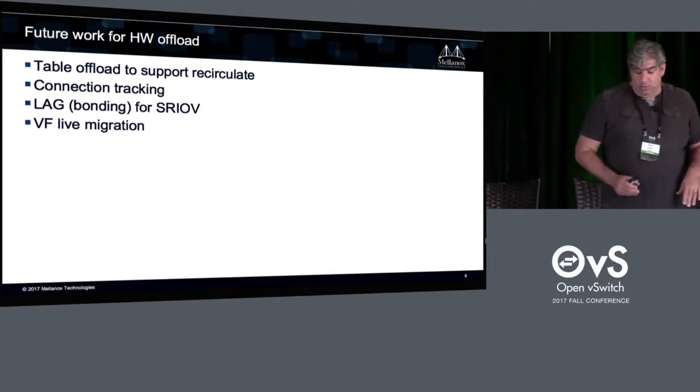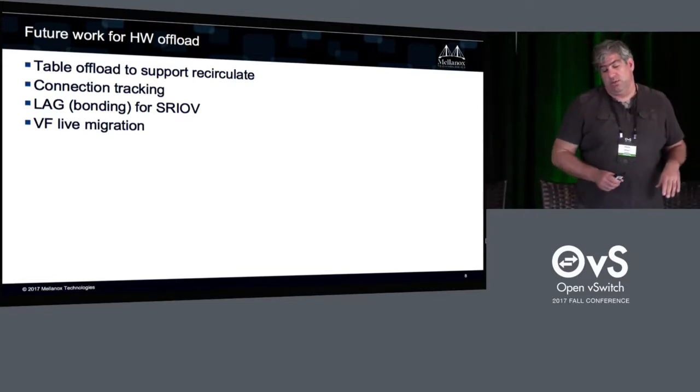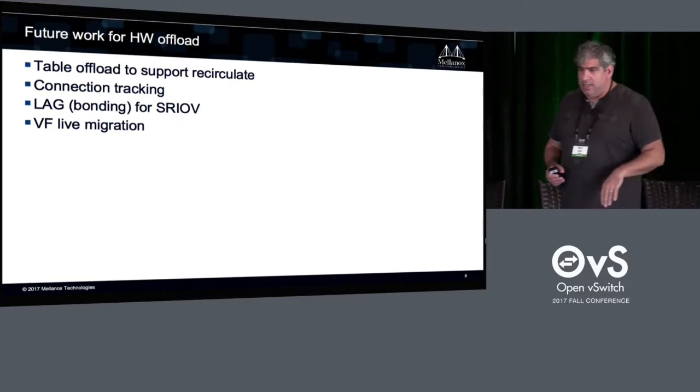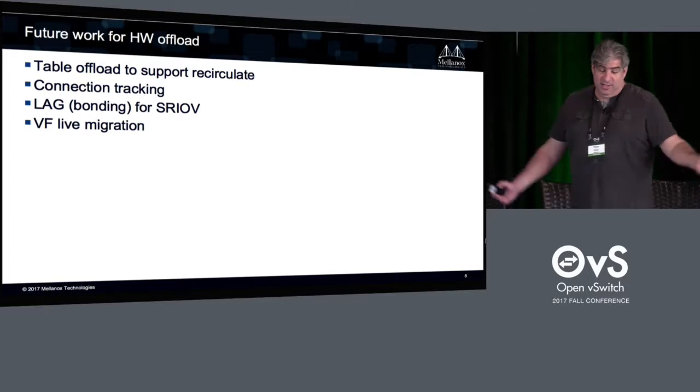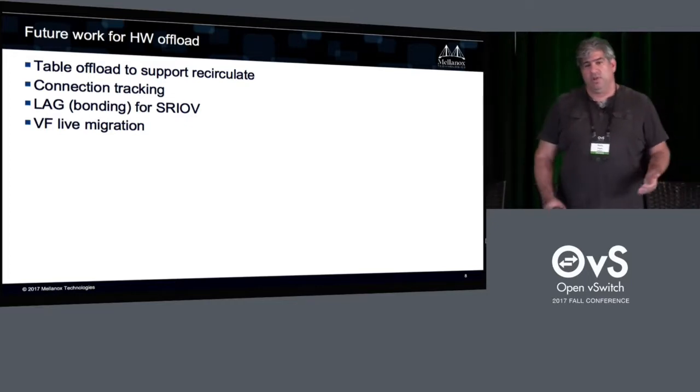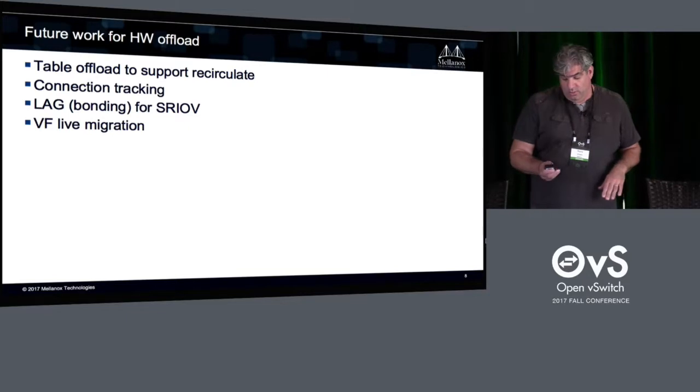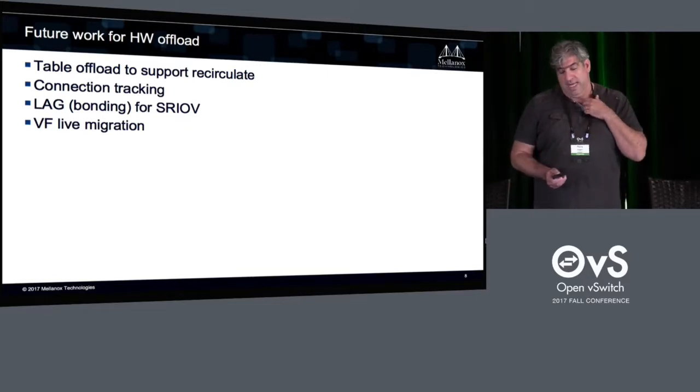We're also trying to tackle and fix the issues and support live migration, because this is the thing that all the customers complain about: that you don't support live migration for virtual function. So we hope to fix that issue. We're working on that.